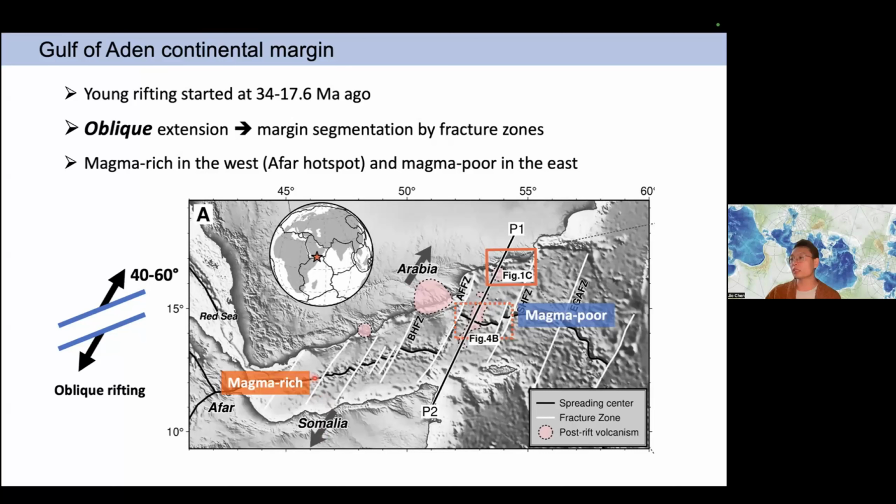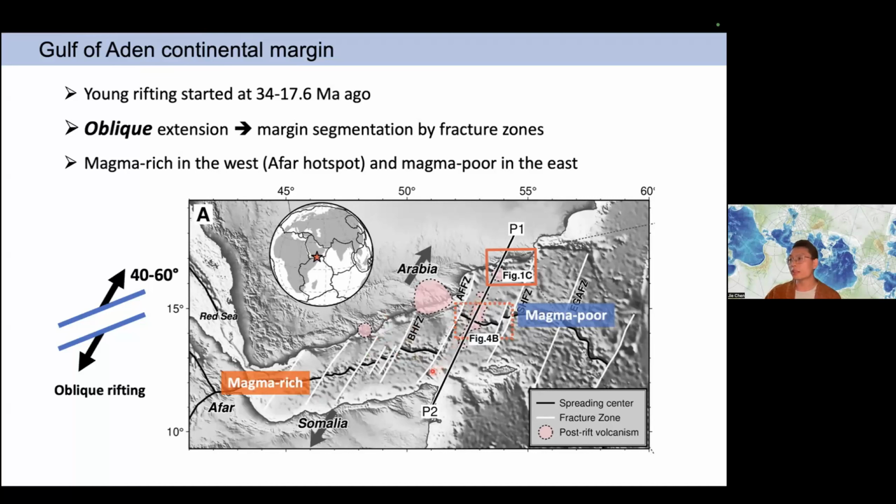The rifting system is very young, only started at 34 to 17.6 million years ago. You can see the strike of the rifting is oblique to the extension, at an angle of about 40 to 60 degrees. This margin is highly segmented by multiple fracture zones.